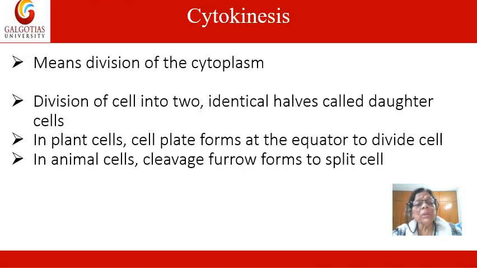So cytokinesis means division of the cytoplasm. It is the division of the cell into two identical halves called daughter cells. In plant cells, a cell plate is formed at the equator to divide the cell, and in animal cells, a cleavage furrow forms in the center of the cell.